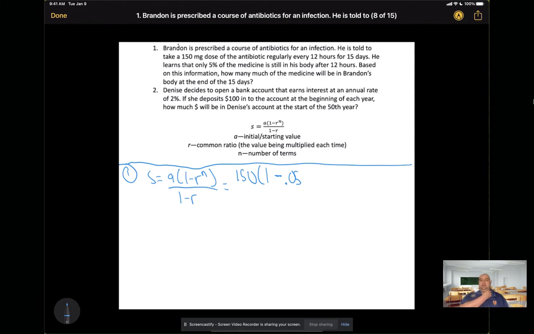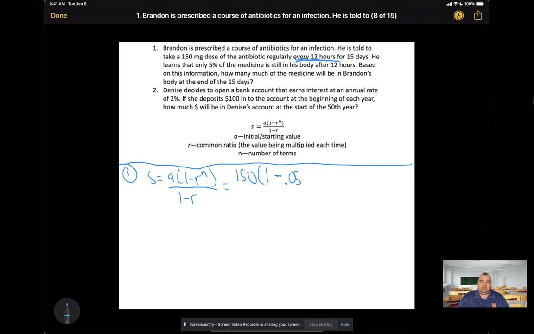My N value here is how many doses is Brandon taking? Well, he's taking the antibiotic every 12 hours for 15 days. So the question you have to ask yourself is, every 12 hours is how many times per day? Well, if there's 24 hours in a day, then every 12 hours would be twice a day.